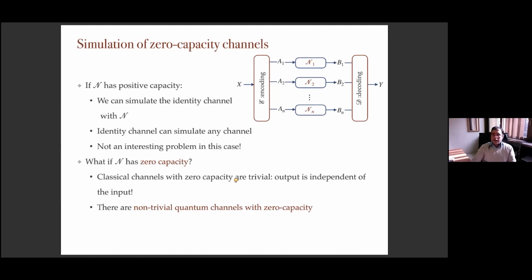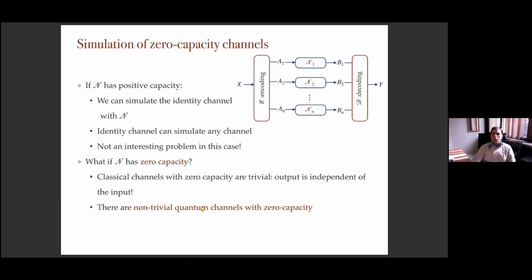In that case, there is absolutely no correlation between the input and output, in which case we cannot simulate any non-trivial channel. So with a zero capacity classical channel, we can simulate only zero capacity channels, which are again trivial. Their output has nothing to do with the input, and without sending any message, Alice and Bob can simulate, of course, a channel whose output has nothing to do with the input. So this question for zero capacity classical channels is trivial. But the non-trivial case is when the channels are quantum and their capacity is 0.